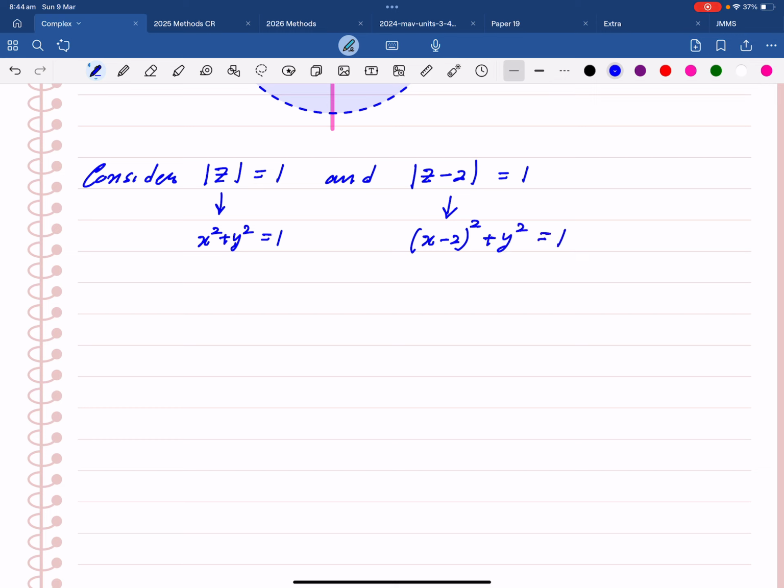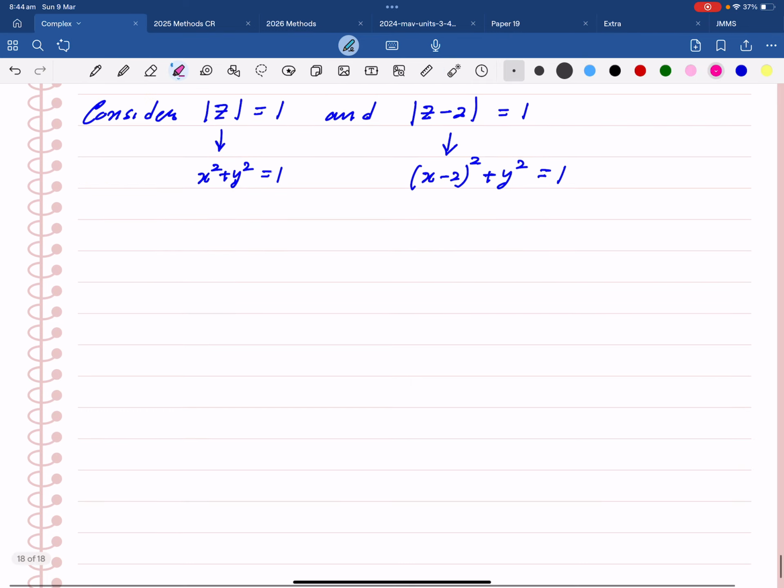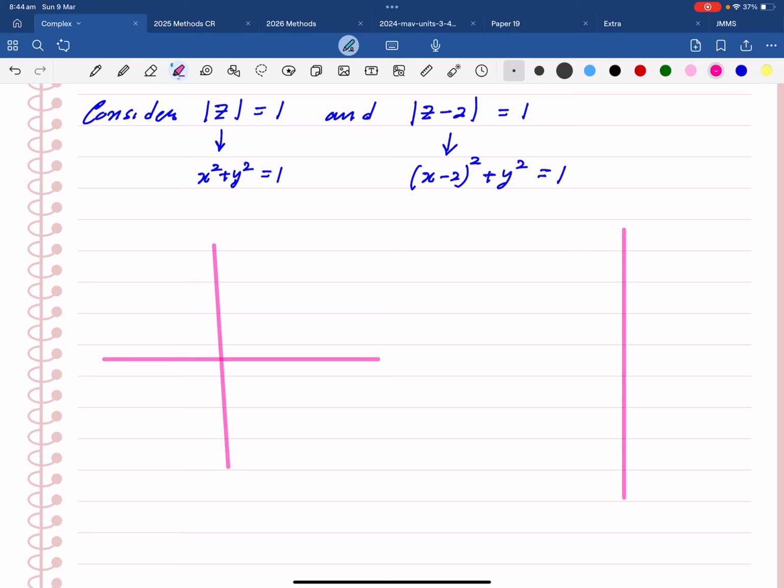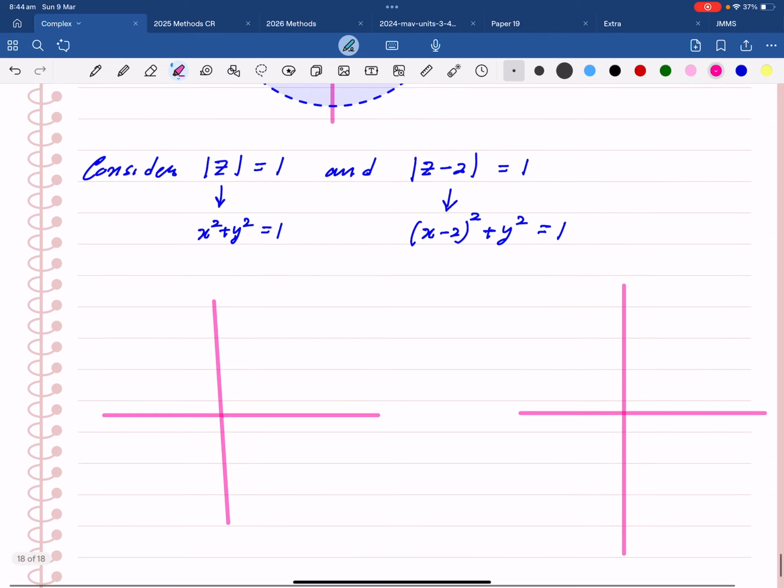Right? So now, knowing this, straight away, we can think about this. Now we will draw this one. So I'm going to do the first one.